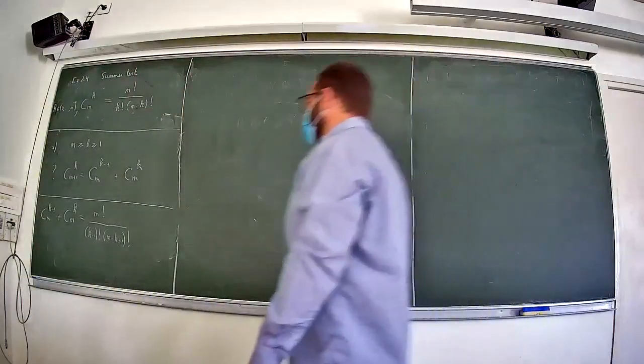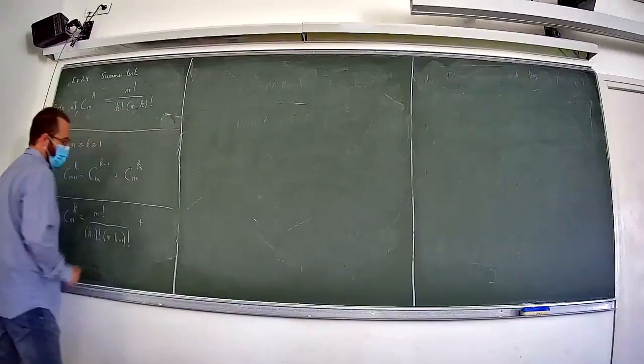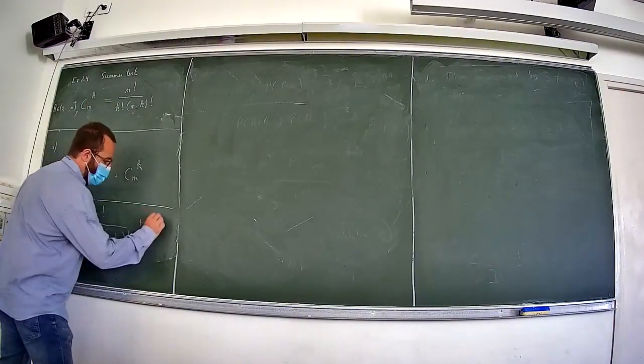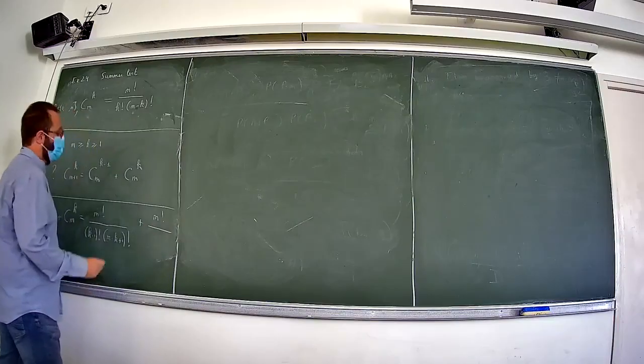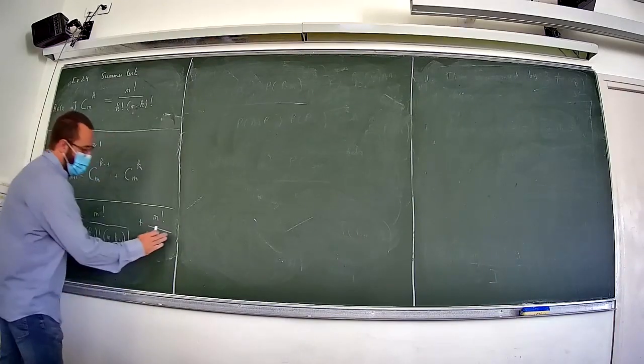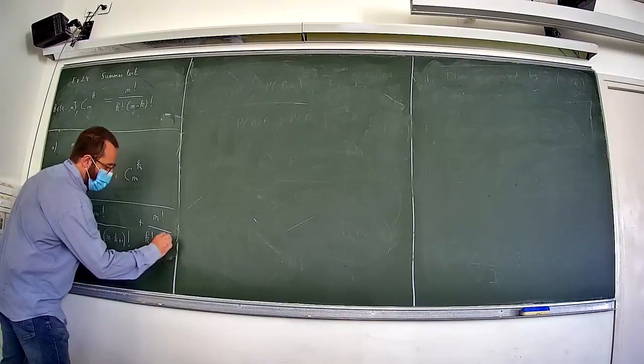And I have to do the sum with C(n, k), that is exactly this formula, n factorial over k factorial times (n-k) factorial.